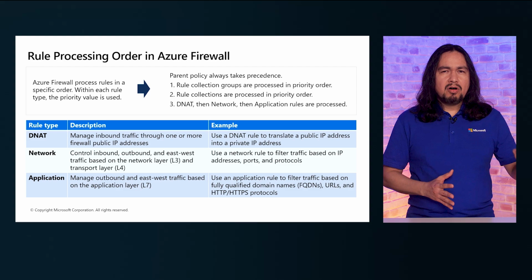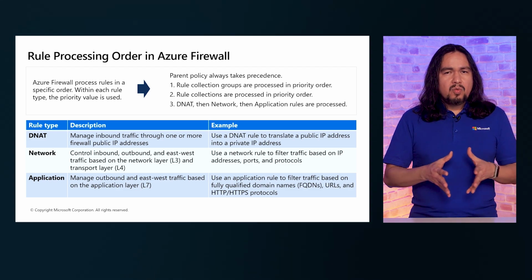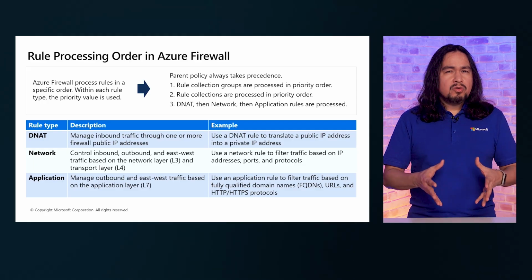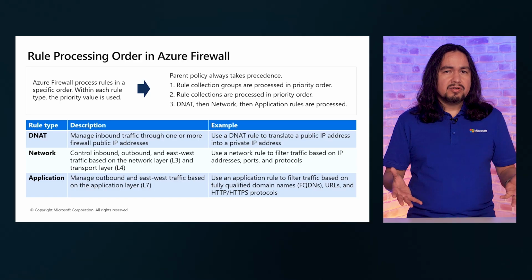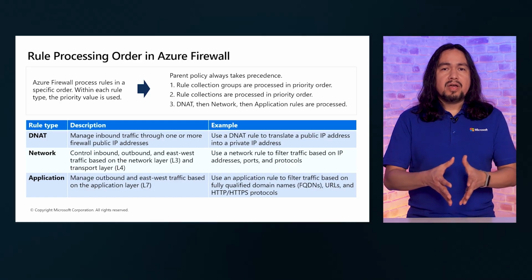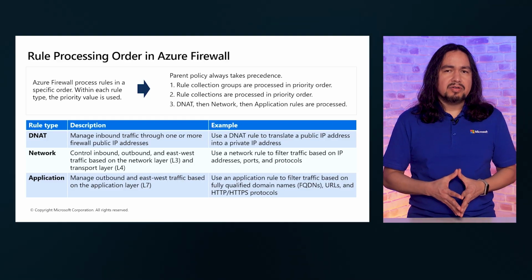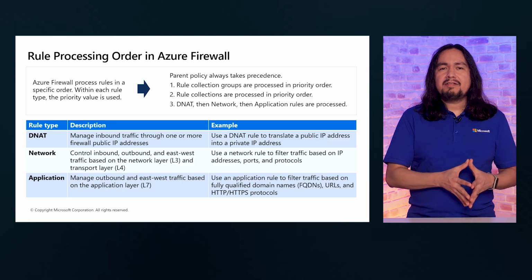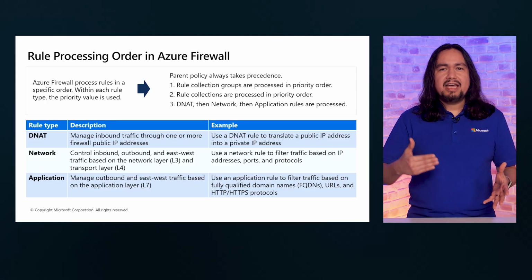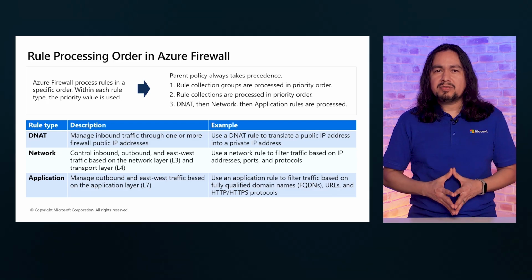Remember, parent policies always take precedence. Then, within the policy, you have rule collection groups, which are processed in their priority order. Within those groups, you have rule collections that are also processed in their priority order. And within those rule collections, you'll have DNAT, network, and then application rules processed in that specific order.